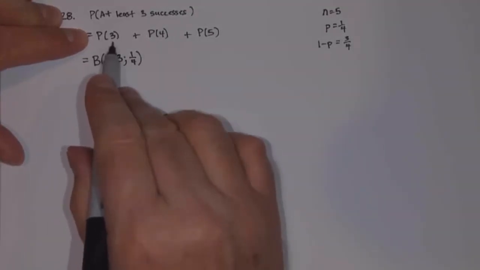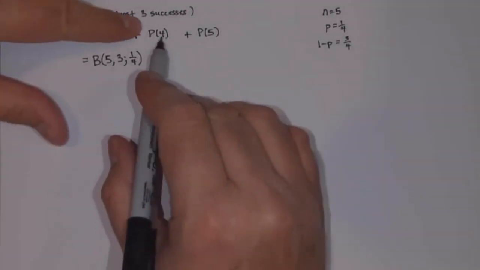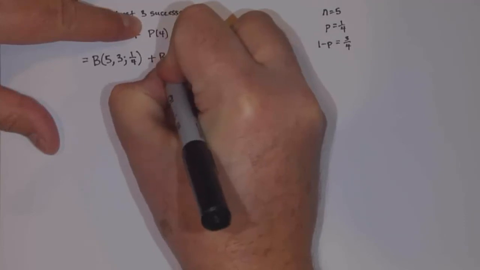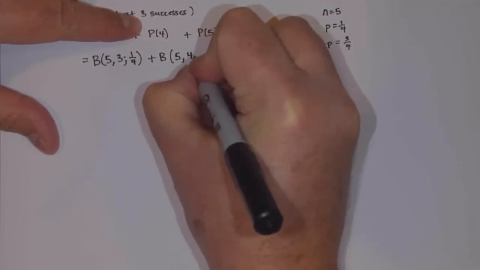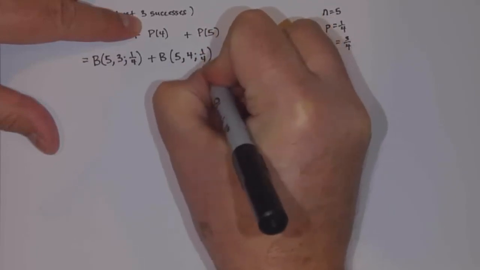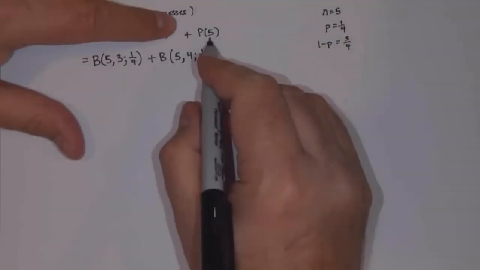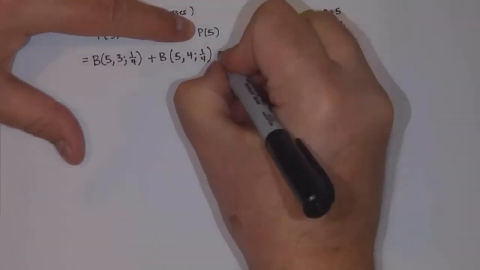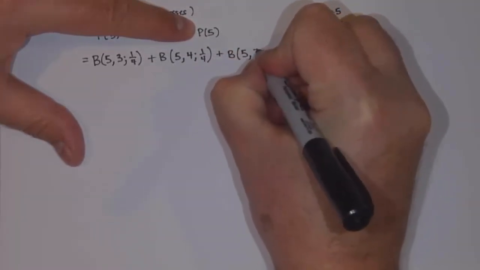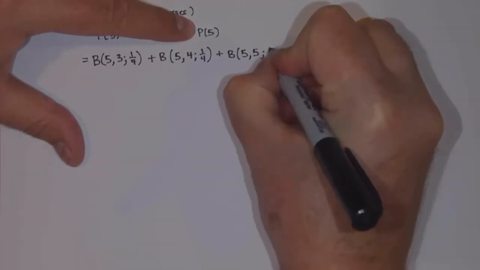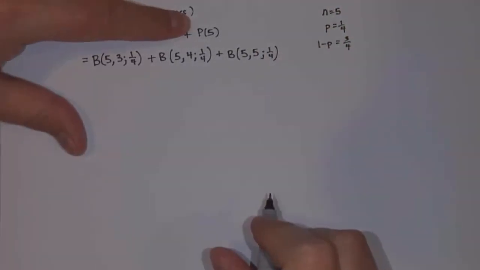This would be P of 3. The probability of 4 successes is a binomial. It is 5 trials, 4 successes, and the probability of success is 1/4. The probability of 5 successes, again, is a binomial. So it is 5 trials, we're looking for 5 successes, and the probability of success is 1/4.